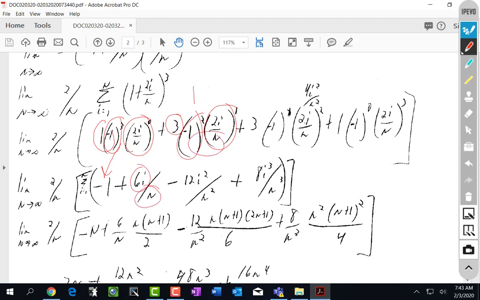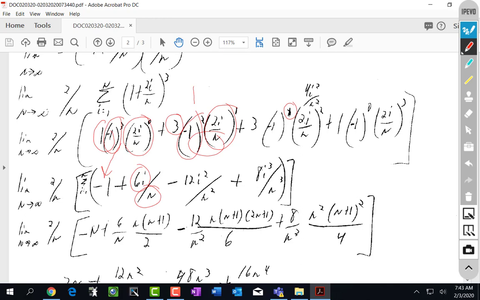Okay, when I multiply this by this next one, so here I've got negative 1. This is going to be all to the, or sorry, to the third power.